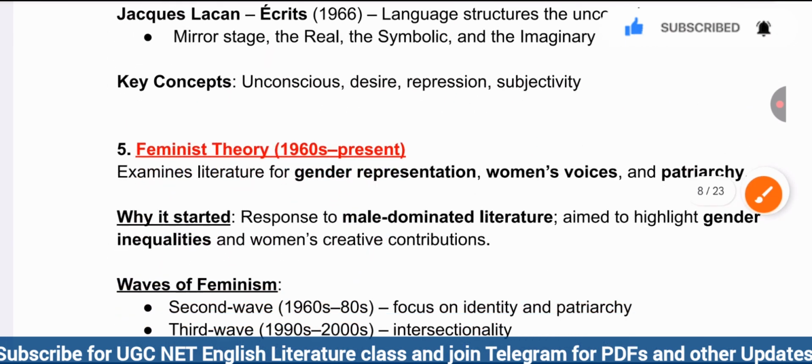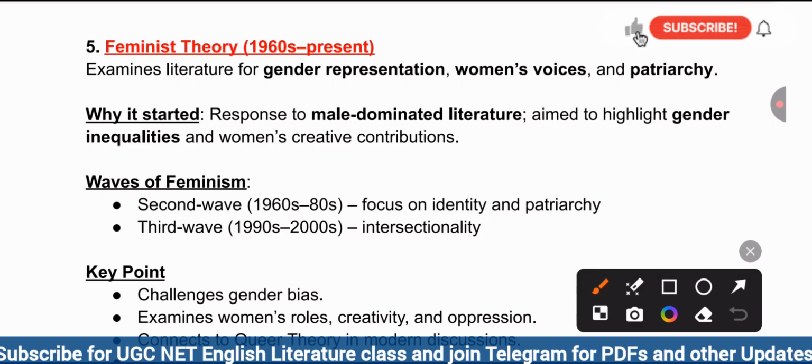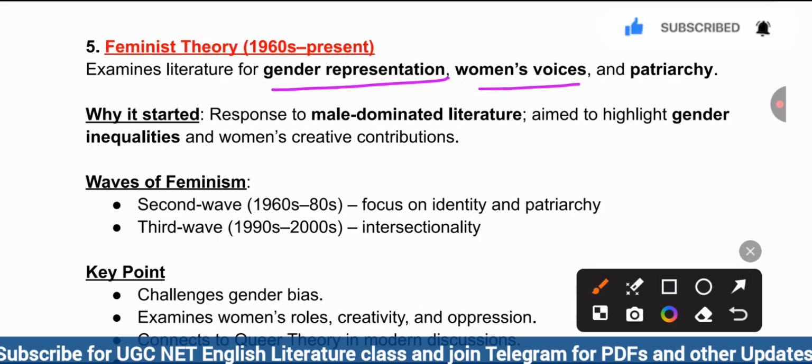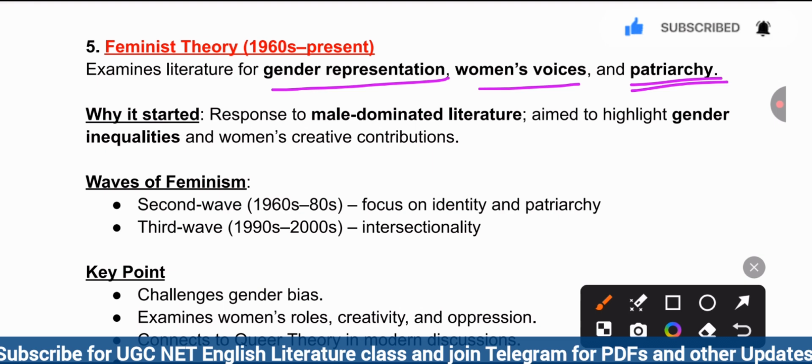Now, another one we have is feminist theory, from the 1960s. Feminist theory is when we talk about gender and the patriarchal system in our society. It examines literature for gender representation, women's voices, and patriarchy. In earlier eras, when everything was at its peak, literature was dominated by male writers.